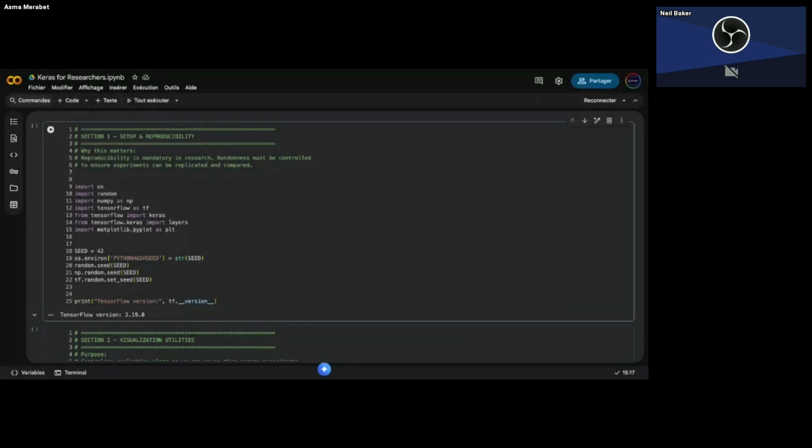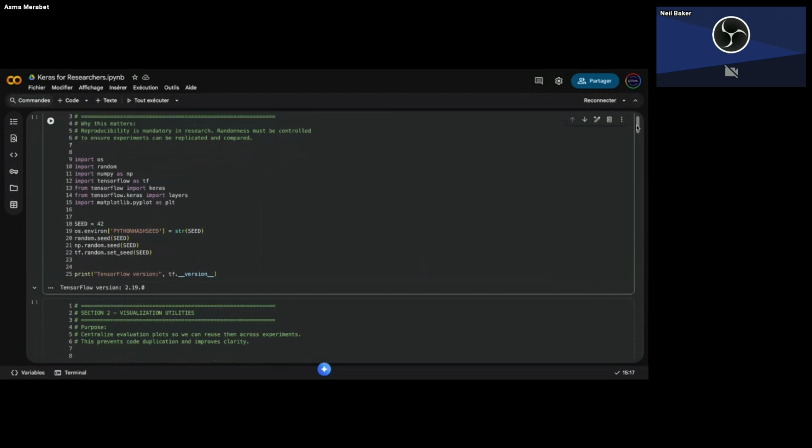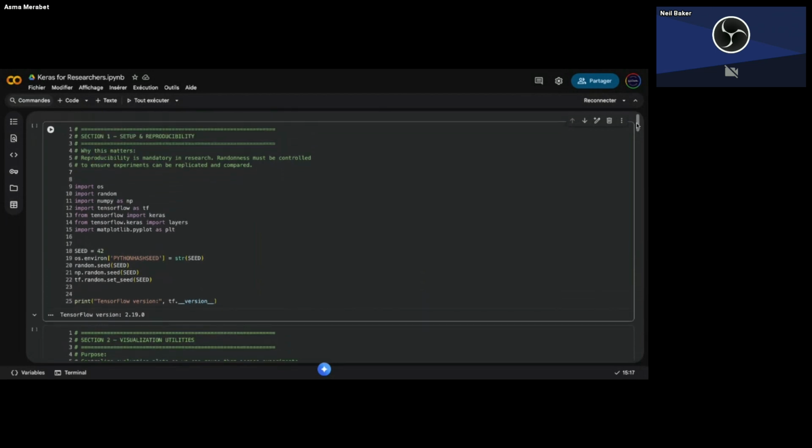Okay, so here we are going to explore Keras for prototyping in AI research. The goal, as I mentioned, is not just to run models, but to think like researchers to find the best contribution and the best results.